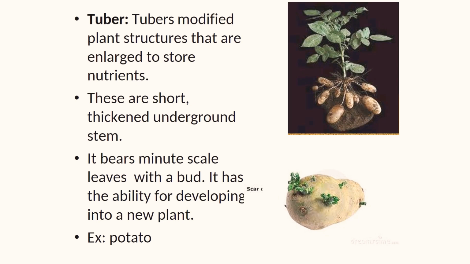Second example is dahlia. The tap roots are found in dicotyledonous plants. The tap root may swell up to store the food material, for example, carrot, turnip, etc.